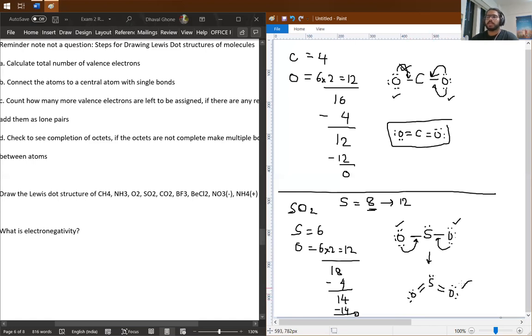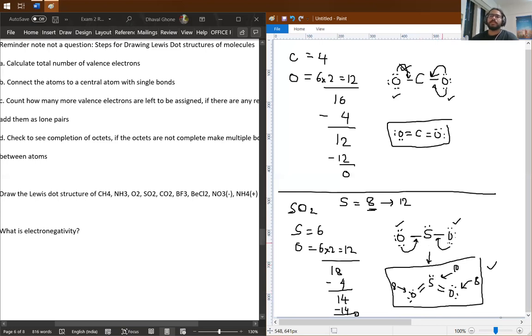As you see, this oxygen has 8 electrons, and the octet's complete. Sulfur now has 1, 2, 3, 4, 5, 6, 7, 8, 9. Right now it has 10 electrons, and that's fine because it has the capacity to hold up to 12 electrons. And so that's the correct answer.